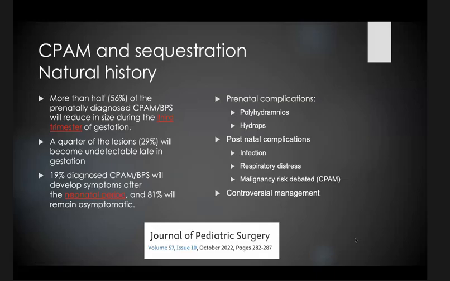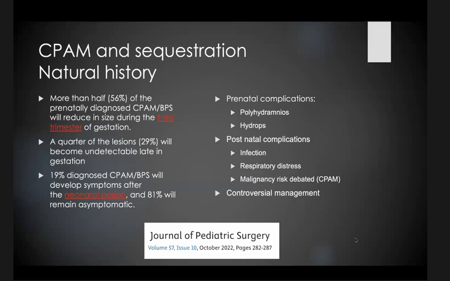So what's the natural history of sequestration and CPAM? More than half of the sequestrations and CPAMs diagnosed during the pregnancy will get smaller in the third trimester. A quarter of those lesions will be undetectable late in gestation, and about 20% will develop symptoms after the neonatal period.